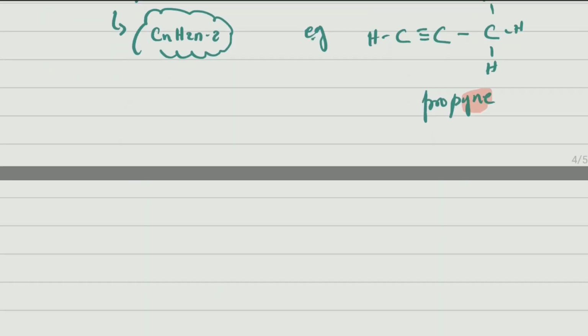Now, the next homologous series is going to be the haloalkane, also called alkyl halide.